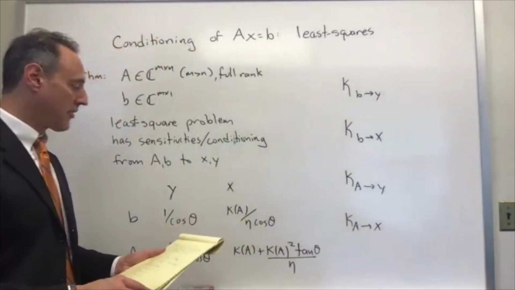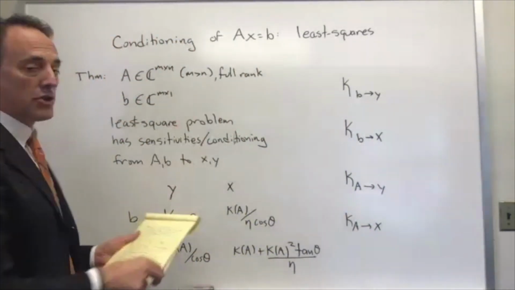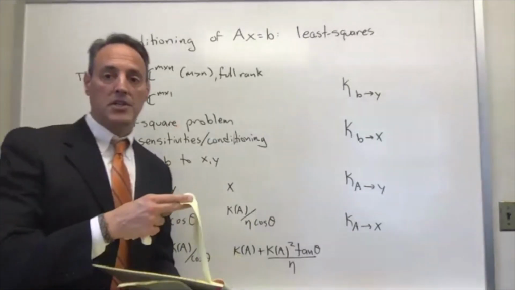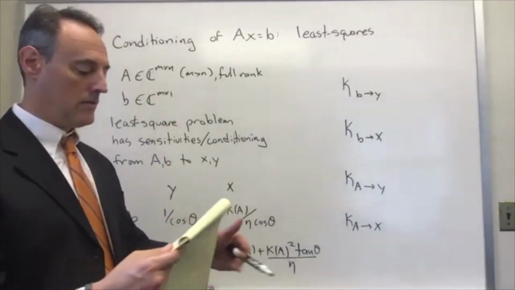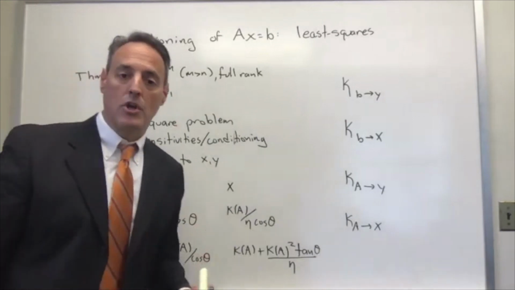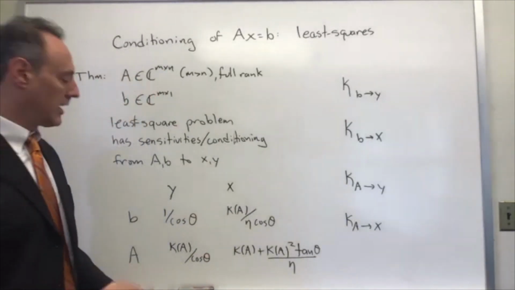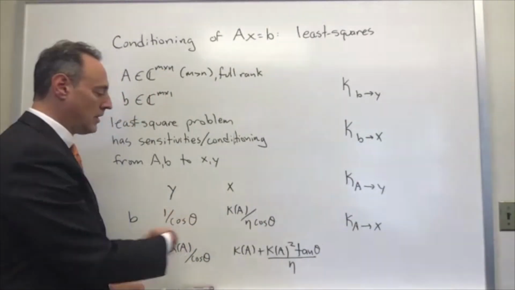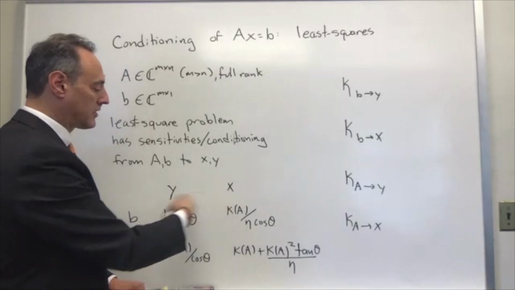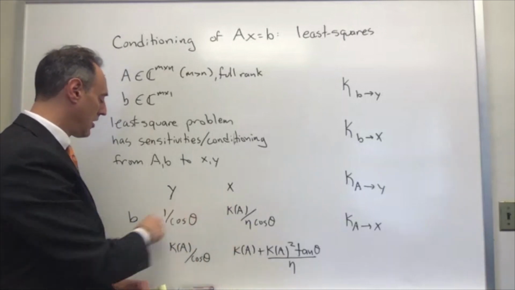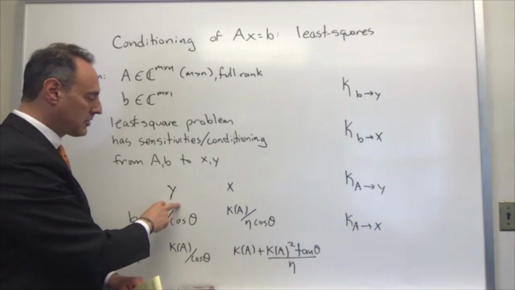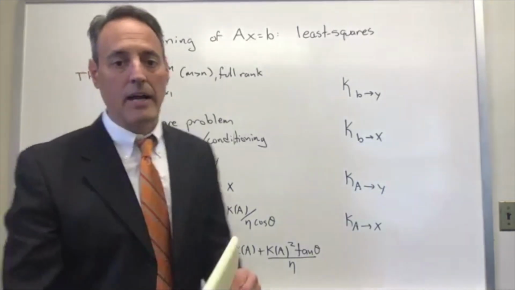All right, so that's the theorem, and those are the results that we're trying to get out of it. So how do we show some of this? What I'm going to focus on for this lecture is just these two results. If you go to Trefethen, you can find his calculations for these. So I'm going to focus here on if I perturb B, what happens to Y, what happens to X? How do I evaluate that?